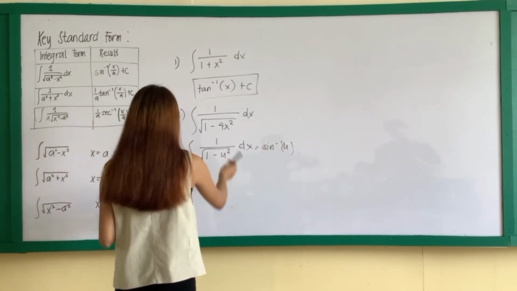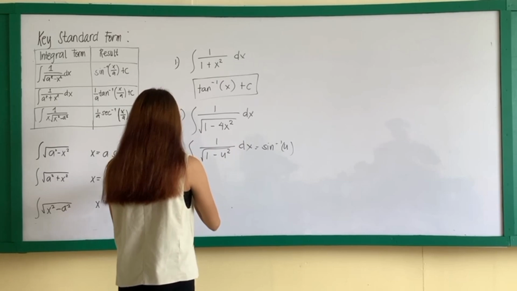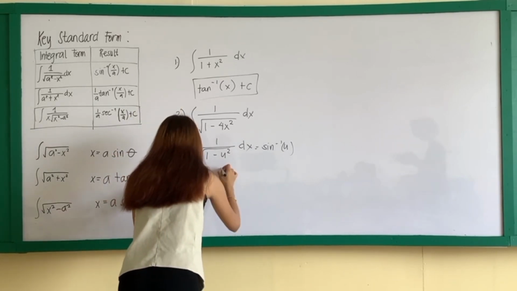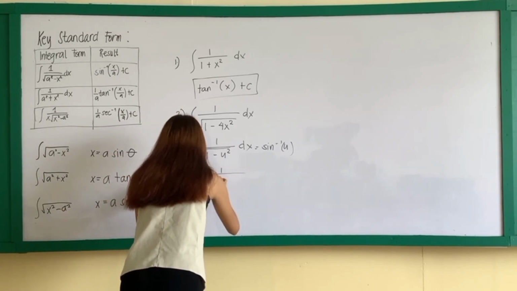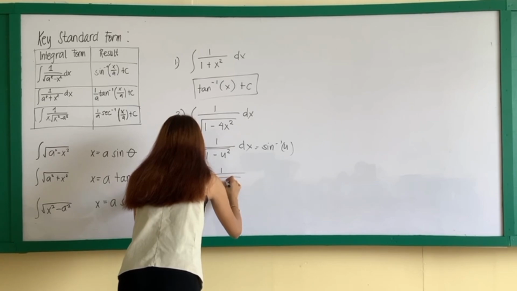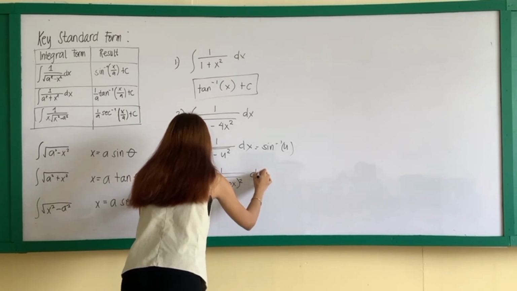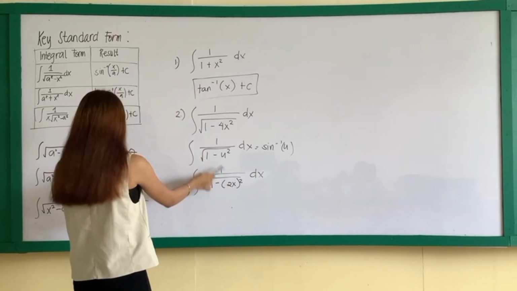So we need to factor out the 4. So we have here 1 over the square root of 1 minus (2x) squared dx. So they are now similar.